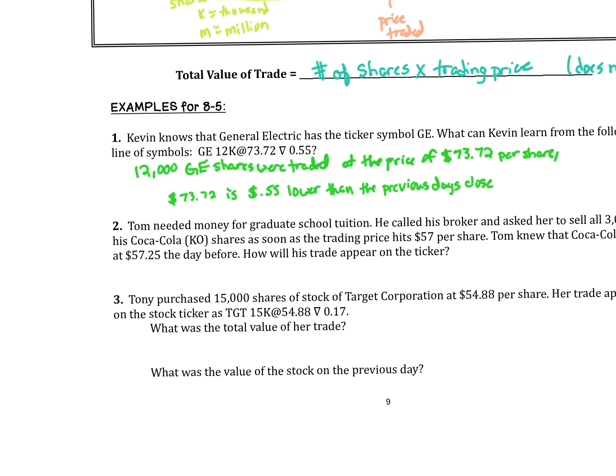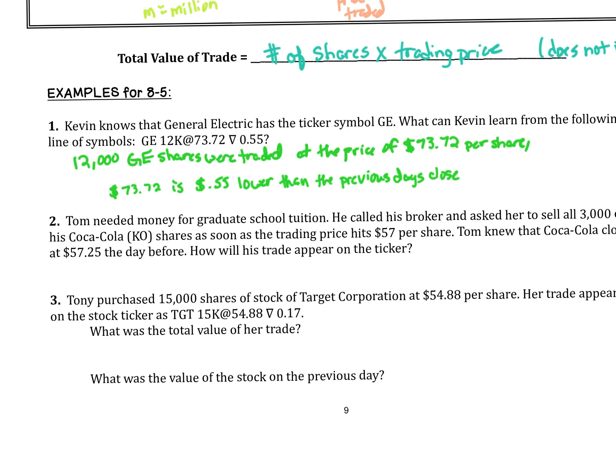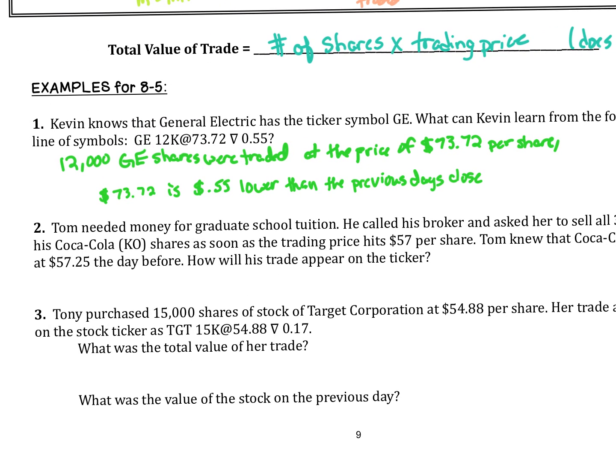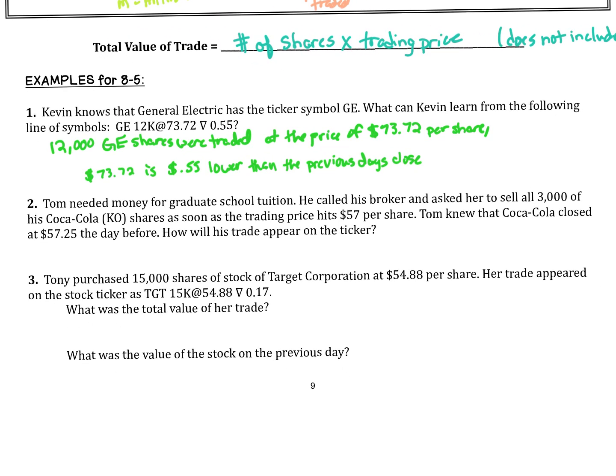So the price has gone down, right? That's what I would be looking for if I'm asking you to explain what a ticker is really saying. I want you to be able to write what a ticker is going to need to say too, so that's what we're doing in this next one. And then we'll look at a couple other examples.